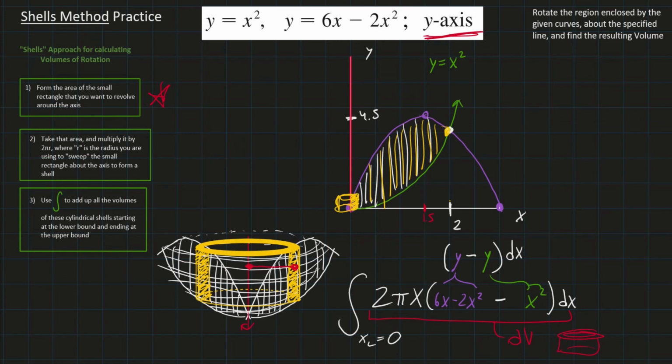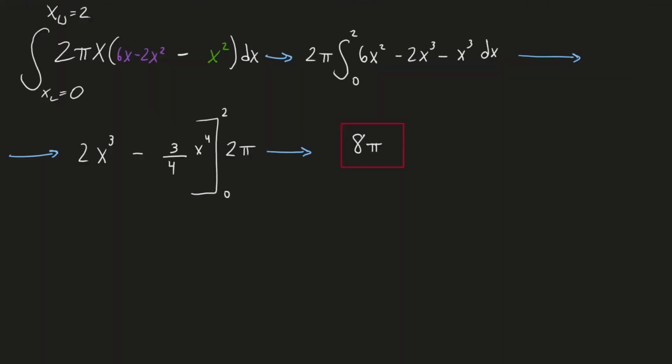That'll be our last shell, and that'll be located at x is equal to 2. So there's our upper bound. And there we go. The integral is complete. Let's do the math. And if you carry out that math, you'll get a nice number of 8 pi as that volume.